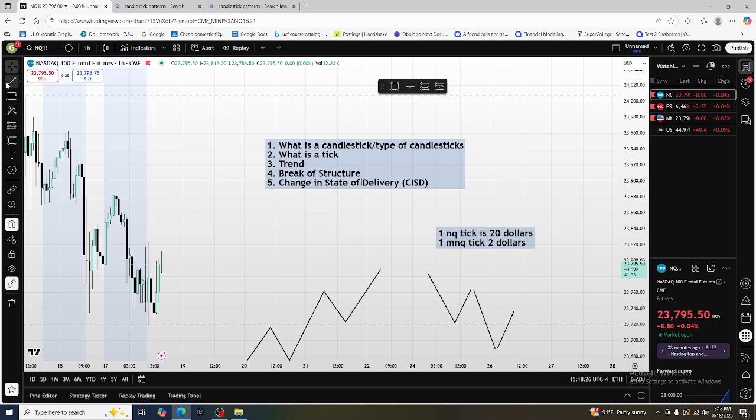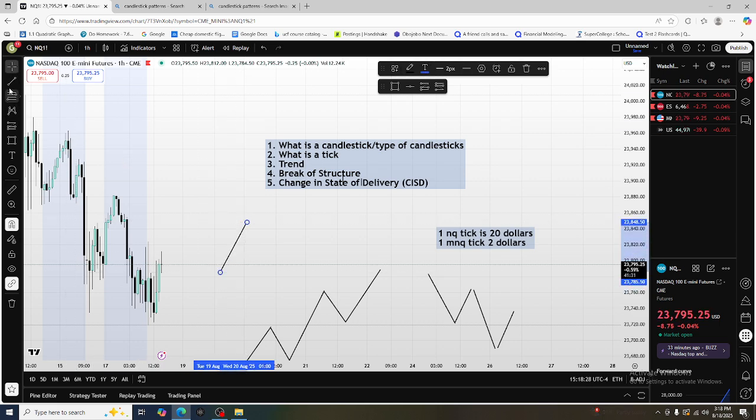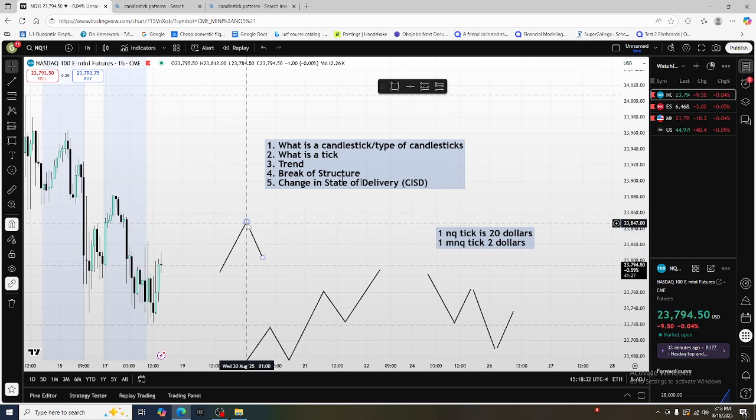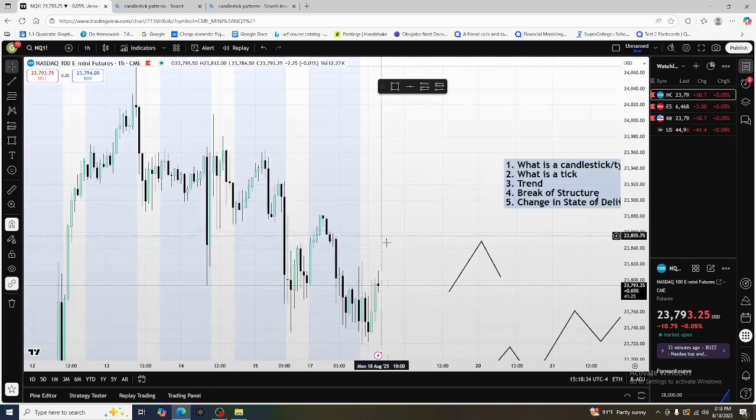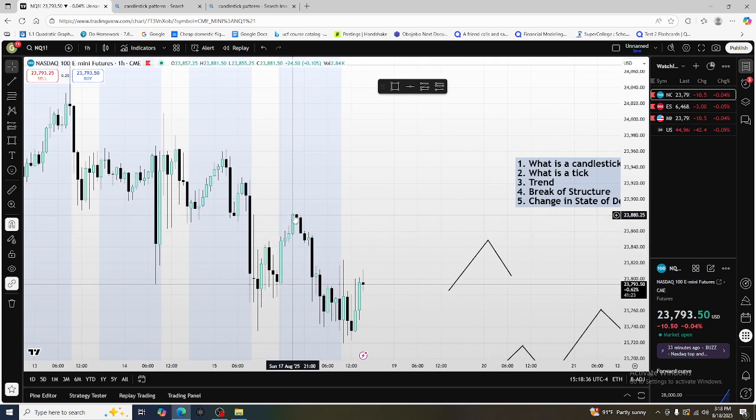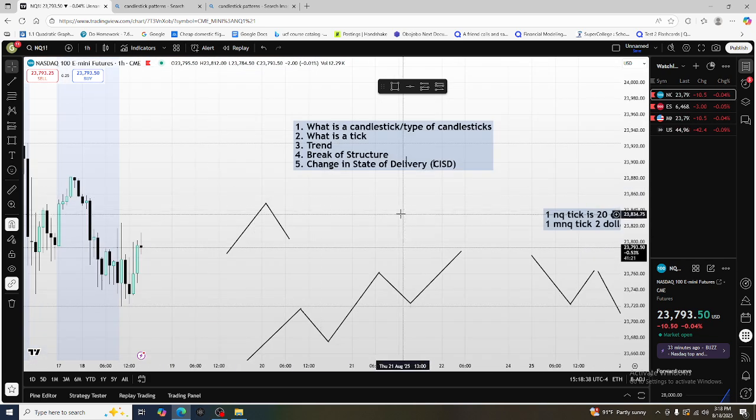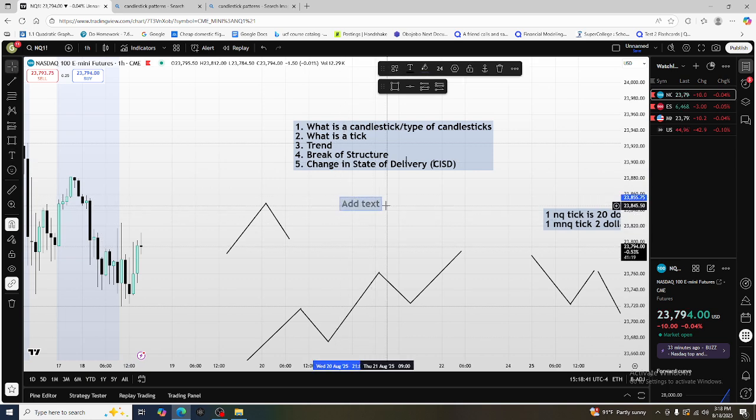Basically, a high goes up, it goes down, boom, right up here. That's the high. How that's going to look on the candlesticks is right here. You have a bullish candle, bearish candle. So to write it out, a high is a bullish candle followed by a bearish candle.